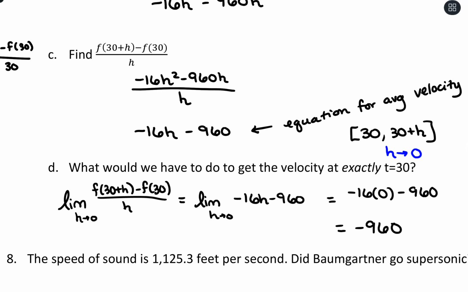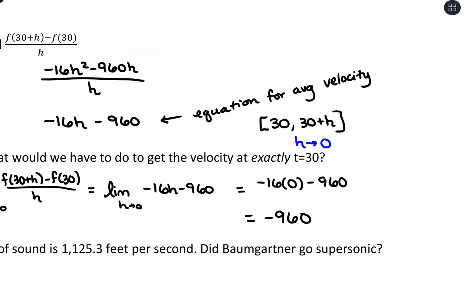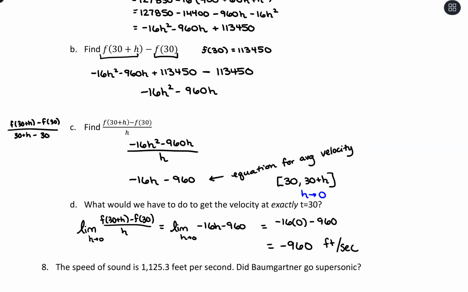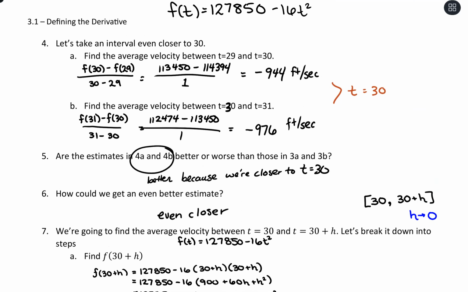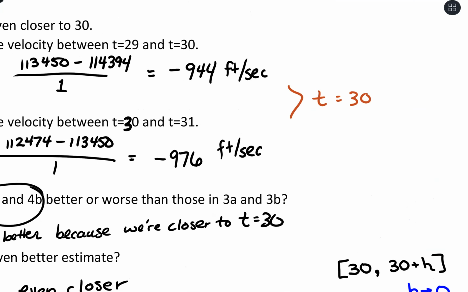So at t equals 30, he was going negative 960 feet per second, which if we go back to our estimates from 4a and 4b, that's not bad at all. We just found negative 960, which is definitely between those two values that we saw.